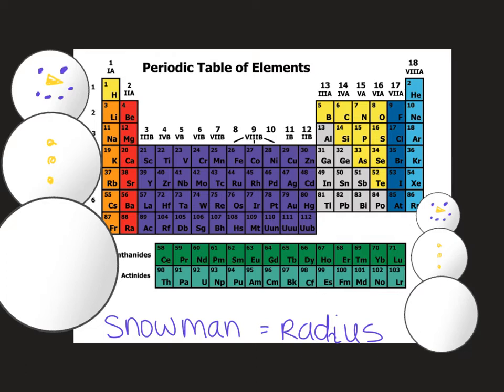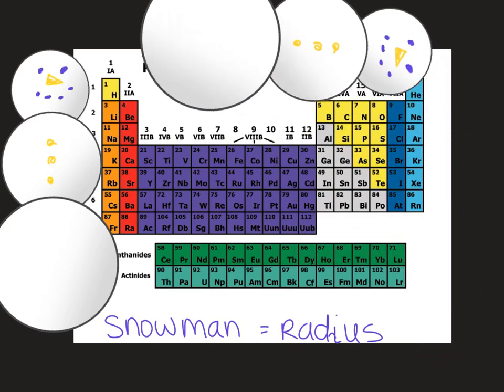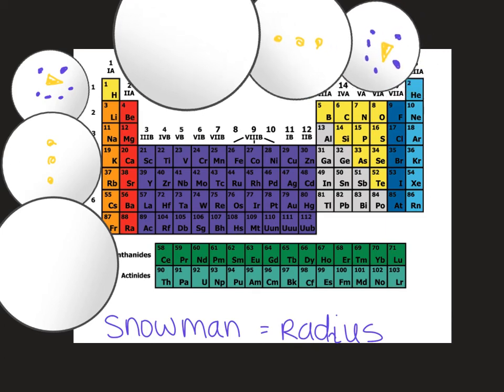And then the way to see it sideways is we're going to take that same snowman, we're going to tilt it to the right. Okay, and we're going to see tomorrow that we're going to use this analogy with a snow cone, and you'll kind of get the same idea. But this is the way to remember radius. So small, medium, large going down to give you ultimately your bigger corner down here. Okay, so big corner in this side of the periodic table and your small corner up here. Hopefully that helps.